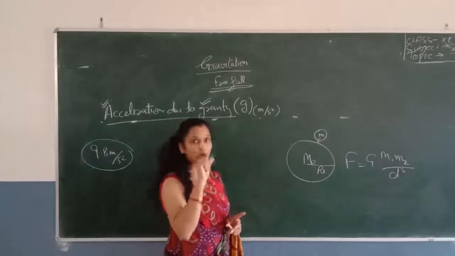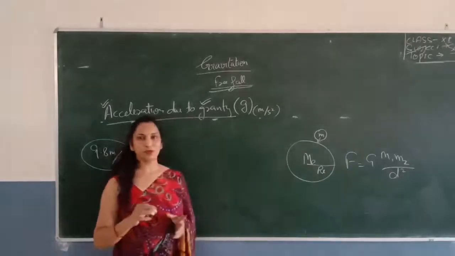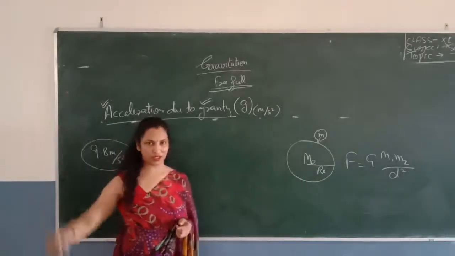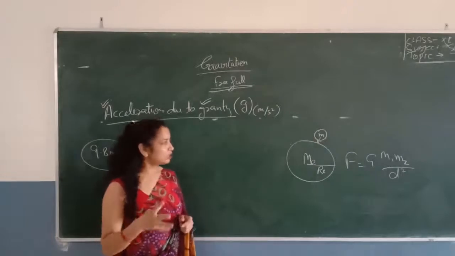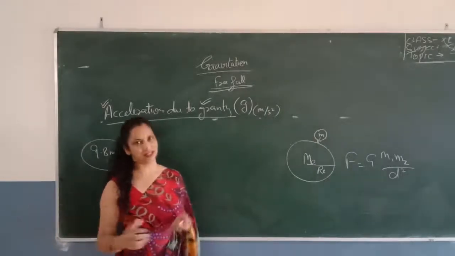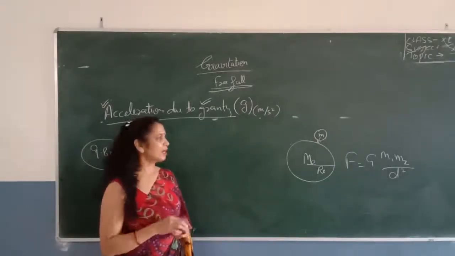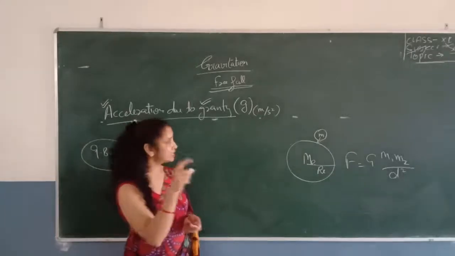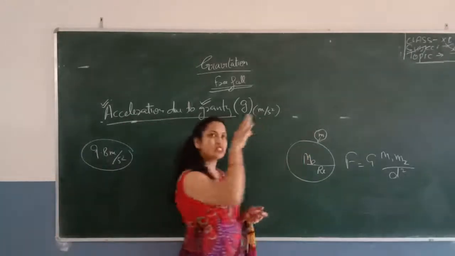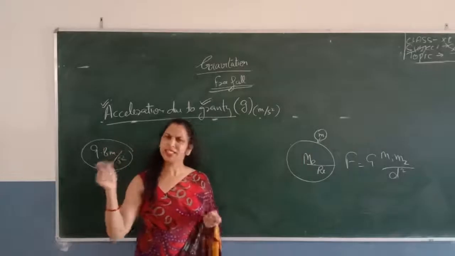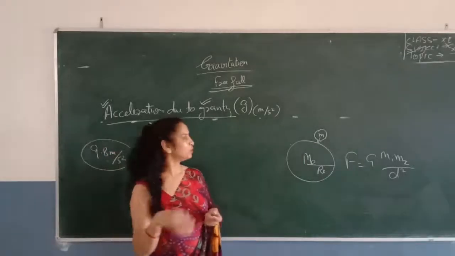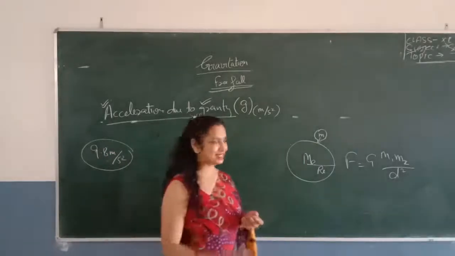Okay, one more thing is, what should be the distance between the center of the earth and the object? Since the earth has a very huge radius, as compared to this radius, the distance of the object from the surface of the earth is near about negligible. So we are going to neglect it.